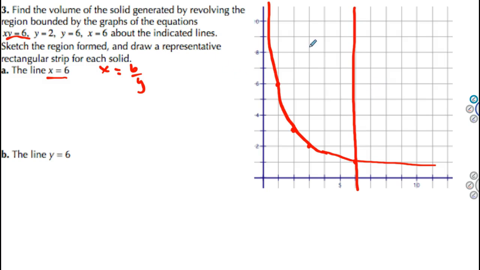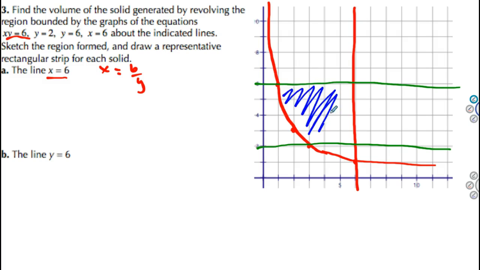Y equals 2 is right here. X equals 6 and y equals 6. So y equals 6 is right here. If I look at the area that's in between all of that, I'm talking about this chunk right here. Okay, so now that I have, I think I did that correctly, right?